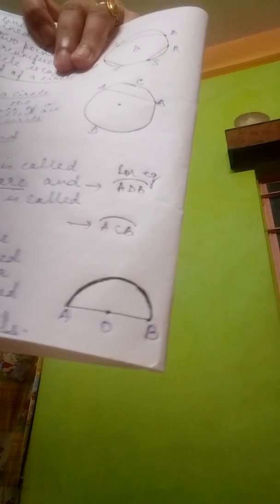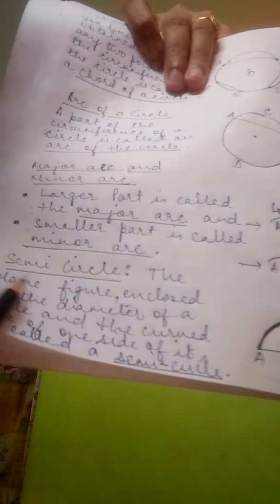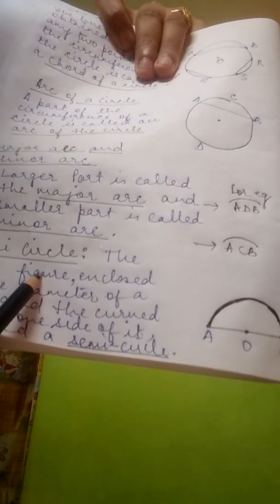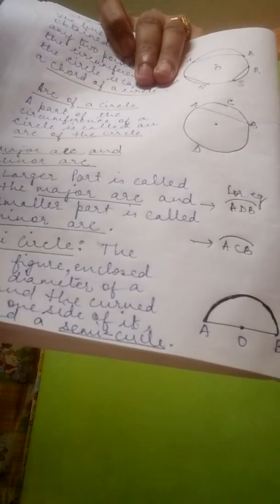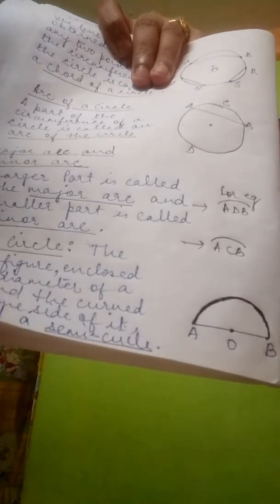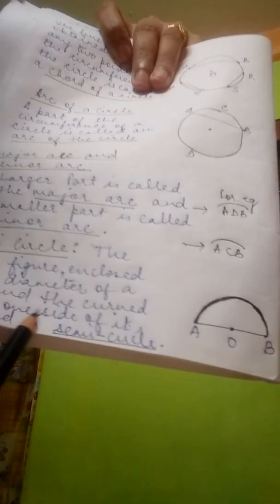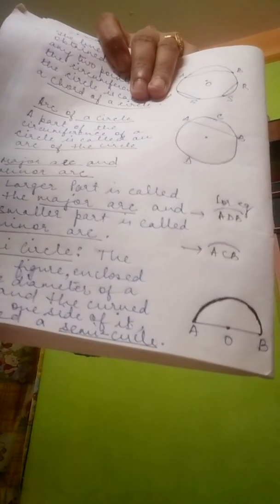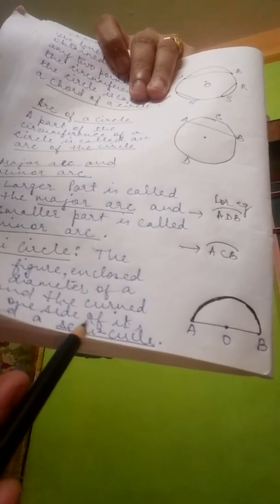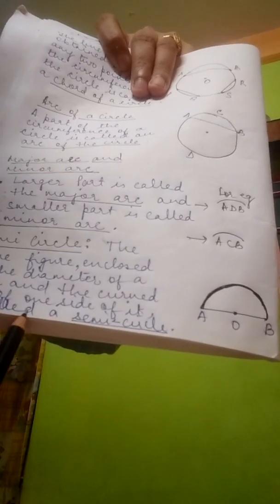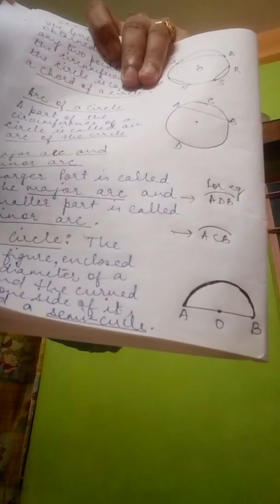So half of a circle is known as a semicircle. Now the definition: the plane figure enclosed by the diameter of a circle and the curved line on one side of it is called a semicircle.